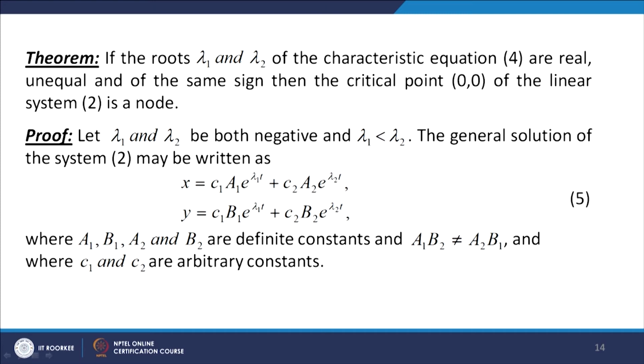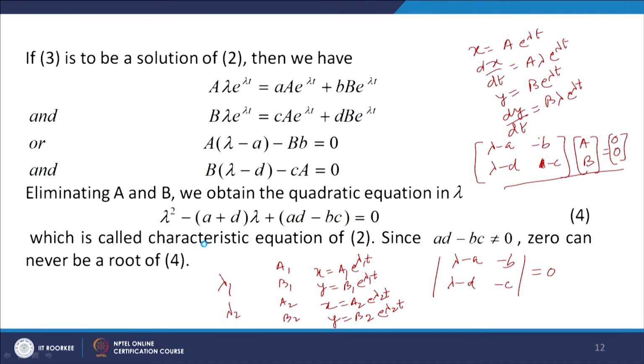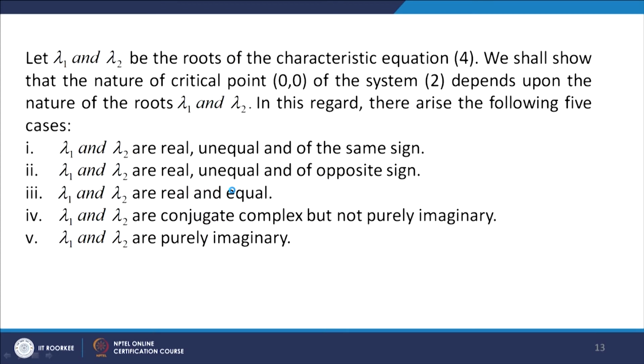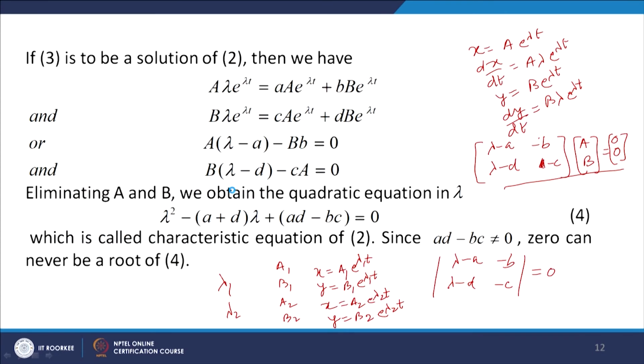Now, A1, B1, A2, B2 are definite constants, they are given by this equation. So, they are definite constants, and moreover these are linearly independent solutions. x equal to a1 e raised to power lambda 1 t, y equal to b1 e raised to power lambda 1 t, this set of solution is linearly independent of the other one, x equal to a2 e raised to power lambda 2 t, y equal to b2 e raised to power lambda 2 t.